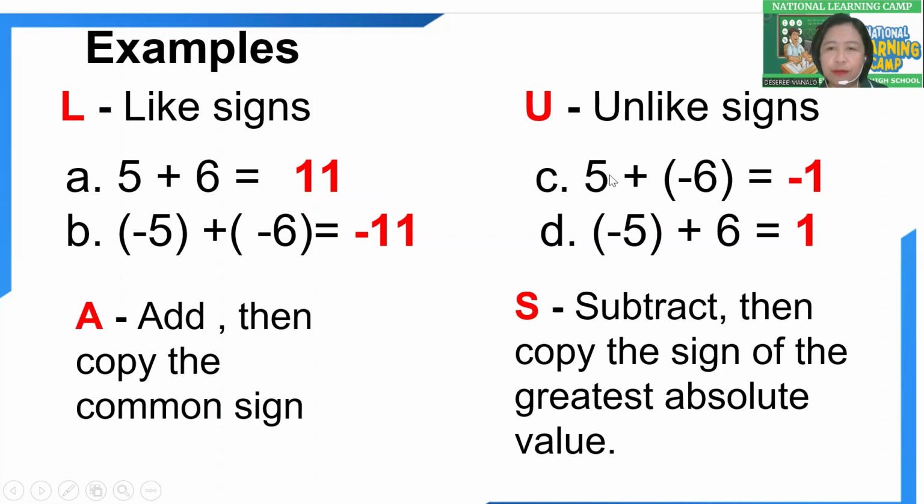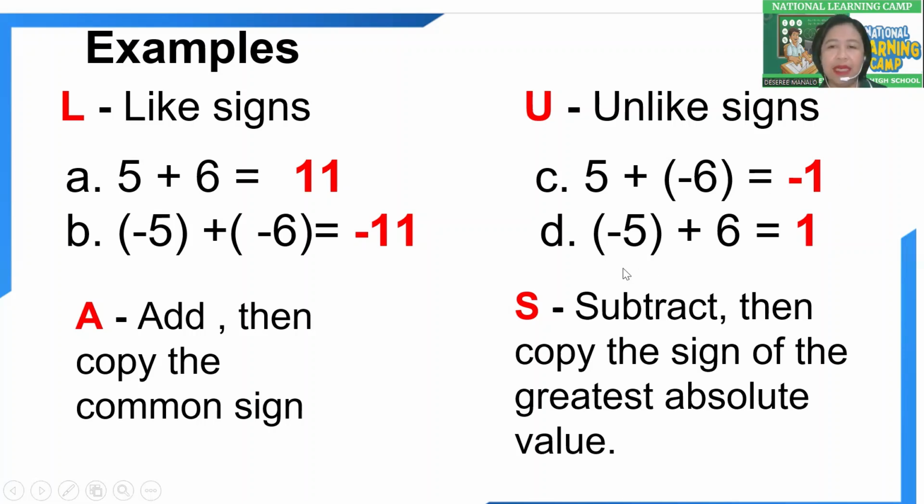So 5 is positive, 6 is negative. They have unlike signs, meaning you are going to subtract. 6 minus 5 is 1. Then copy the sign of the greatest absolute value. 6 has the greatest absolute value, and the sign of 6 is negative, so your answer is negative 1.